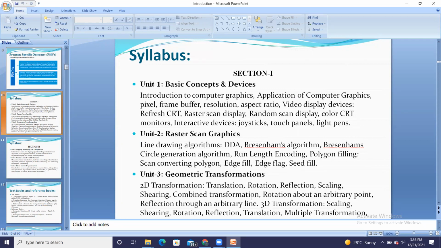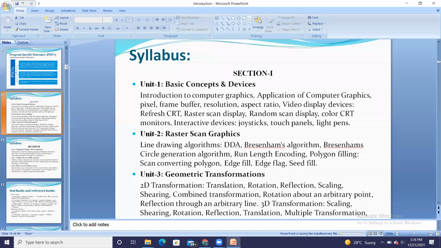Unit number 3 deals with the transformations of 2-dimensional and 3-dimensional objects. So here a 2-dimensional object with XY plane, we are going to see the different transformations like rotation, scaling, reflection, translation, shearing.